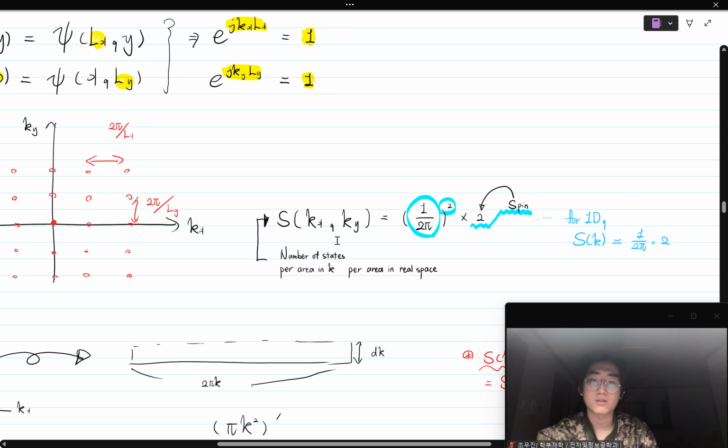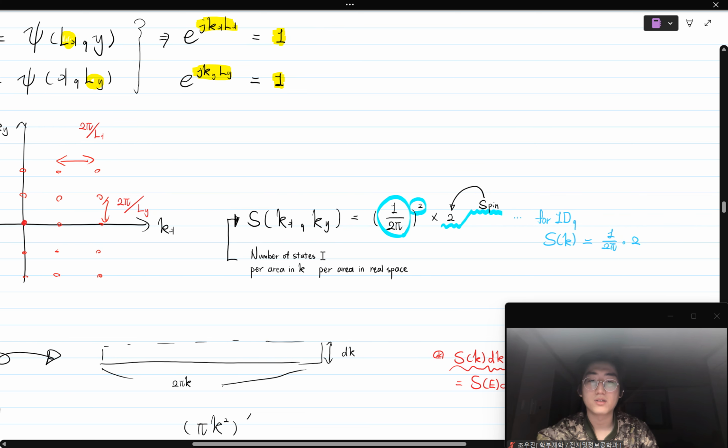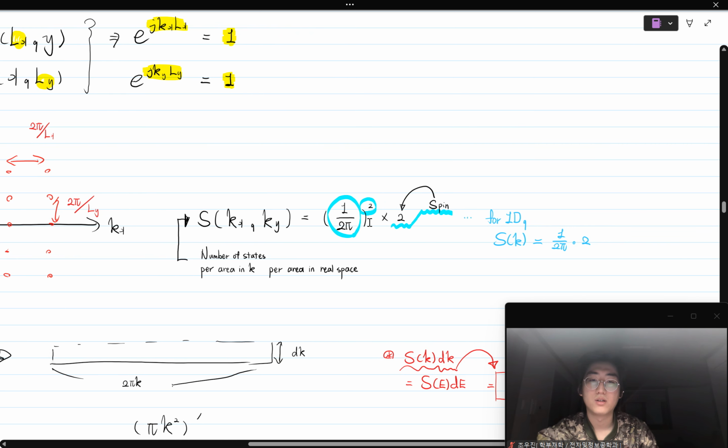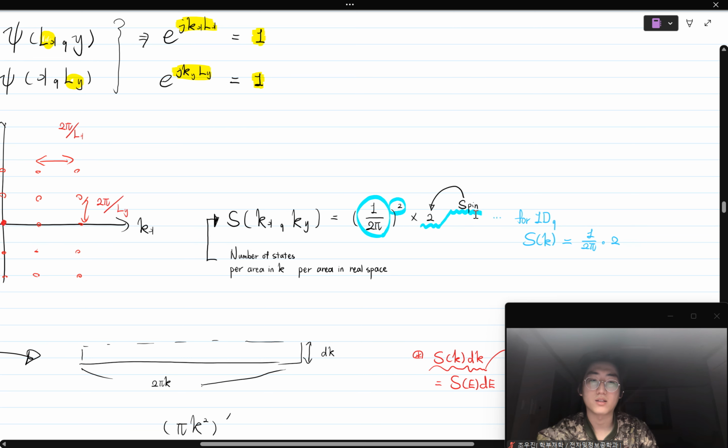So we can get a number of states per area in K space or area in real space as this. The equation can be written like this, and we should also consider spin, so times two.